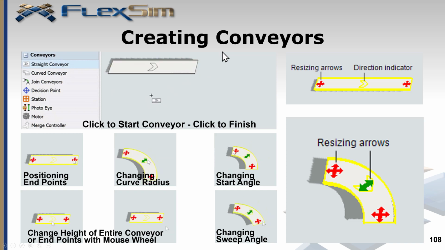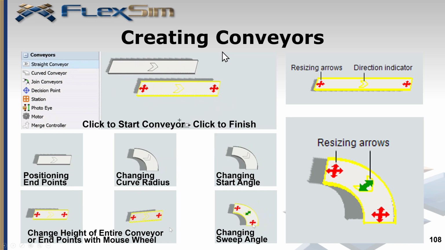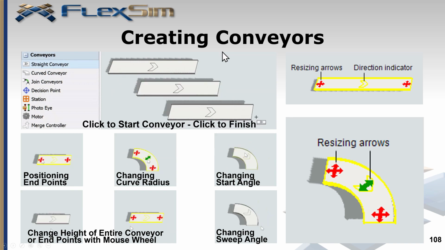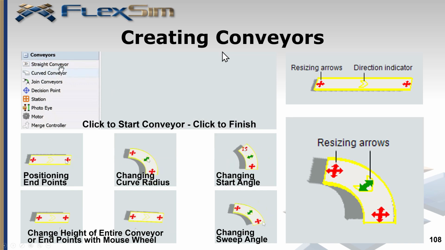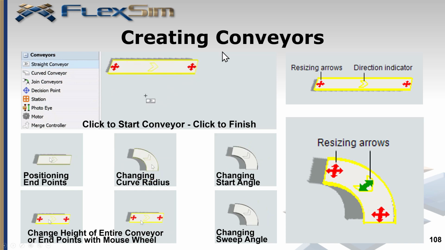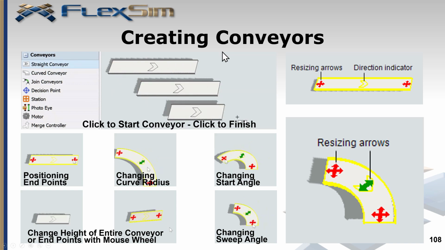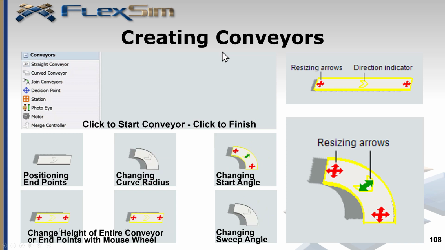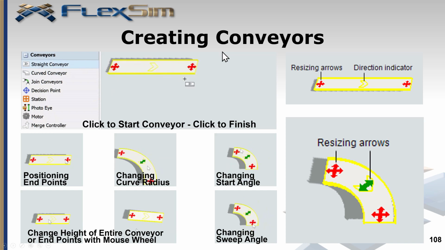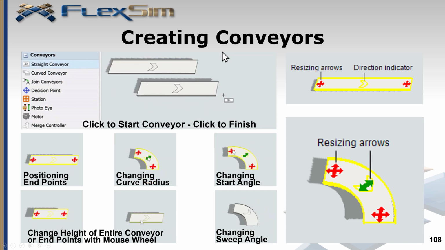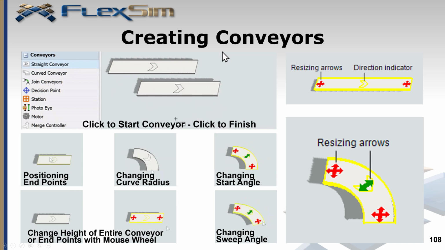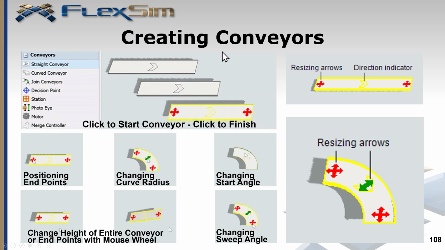However, we also have the option to define the length and/or radius of the conveyors when we first insert them by first selecting the type of conveyor we want in the library with a single click. Then go to the point in the model where we want the start of the conveyor, click, then move the mouse to the end of the conveyor and click again.